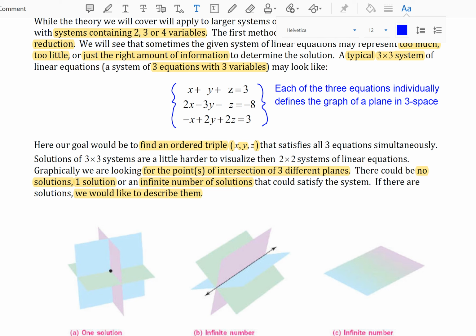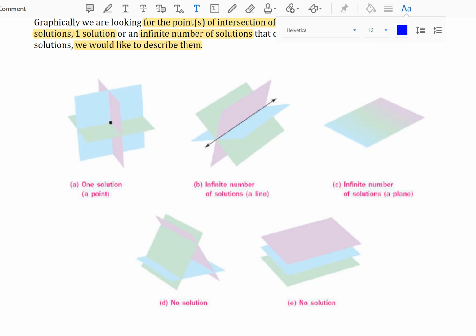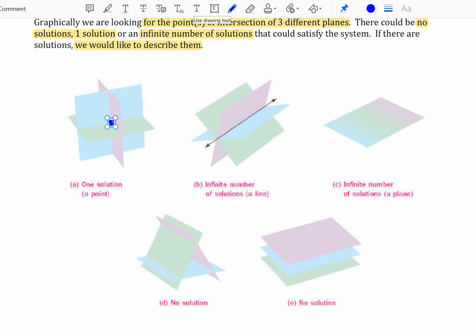And these 3 planes could all intersect at a single point. The single point of intersection would be an ordered triple, x, y, z. This will be what a single solution would look like graphically.